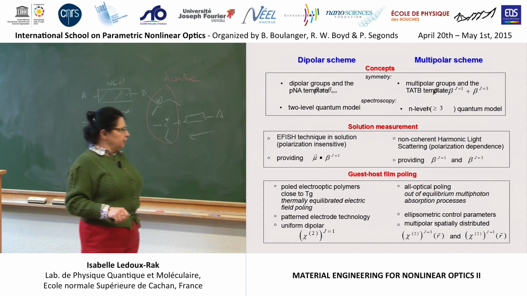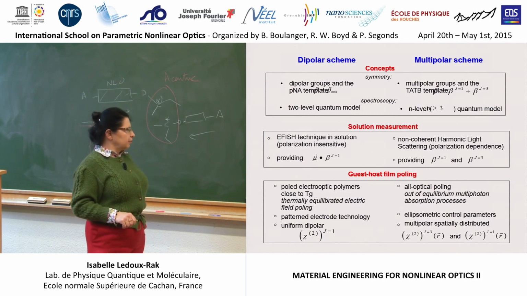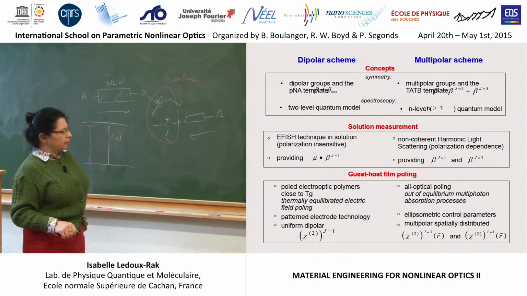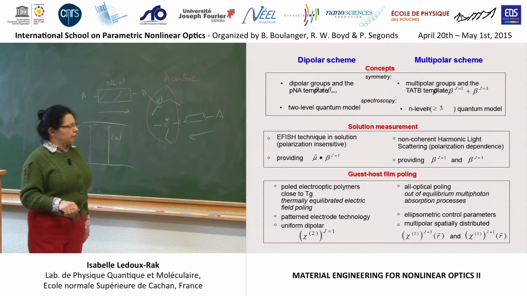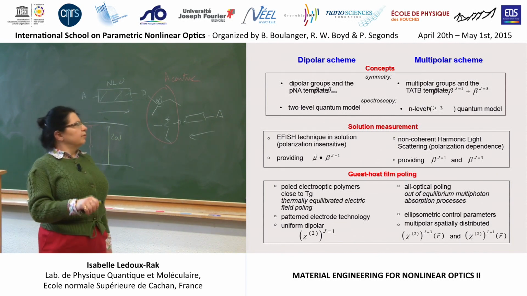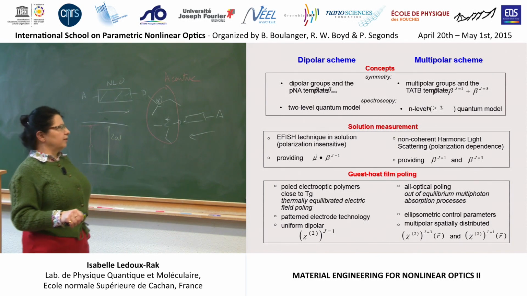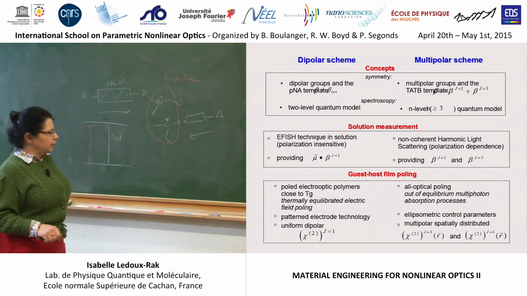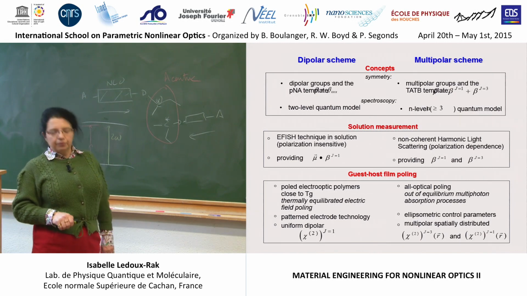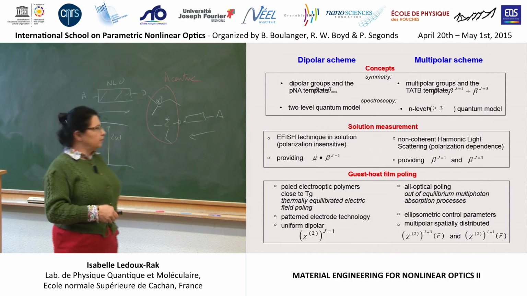And all-optical poling is a multiphoton absorption process, which allows a fine control of the contribution of dipolar and octupolar origin of Chi2. So we can see that the multipolar scheme is much richer and more likely to give well-controlled materials at macroscopic scale.